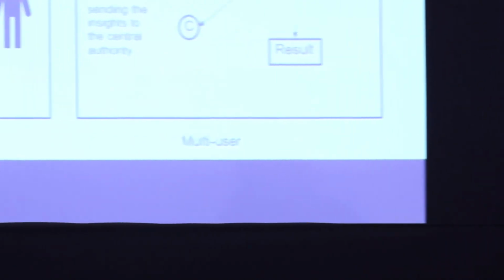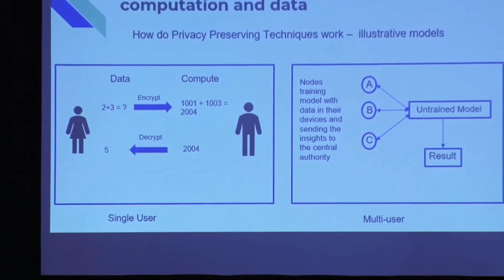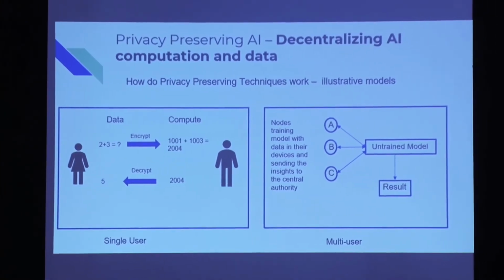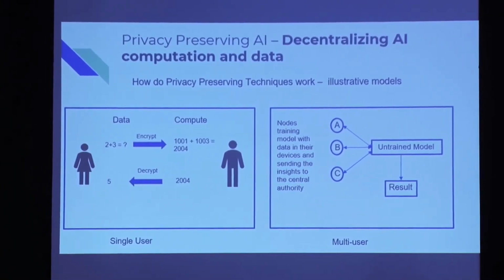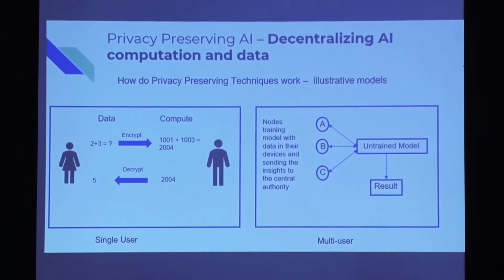This is called homomorphic encryption. It encrypts the data, and the server or the system only performs the computation on the encrypted data. It then sends back the result, the system decrypts the data, and the user receives the result. This way, no raw data was shared between the user and the server.